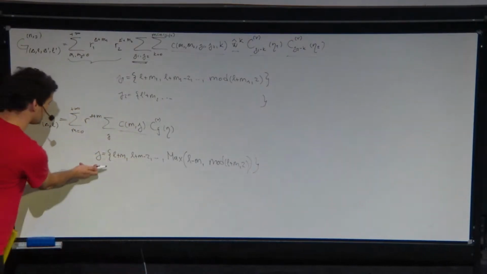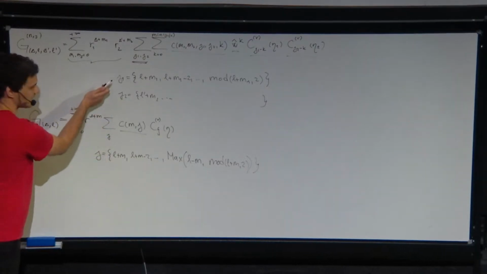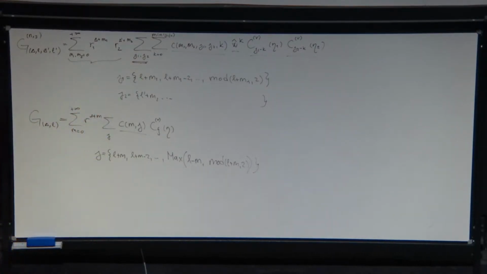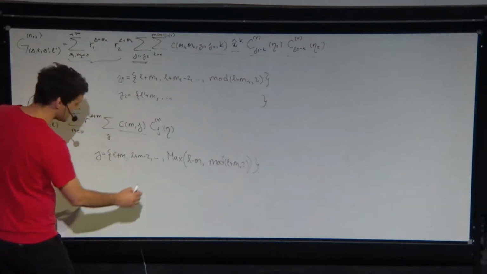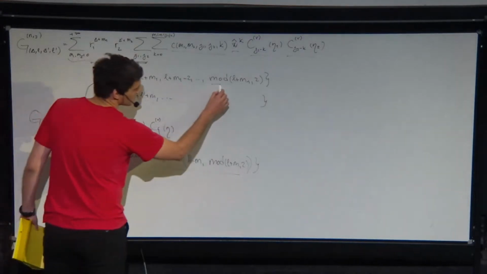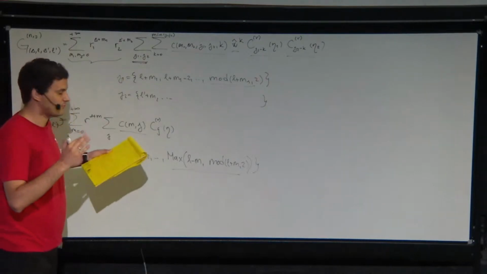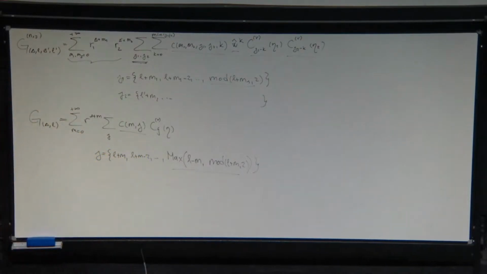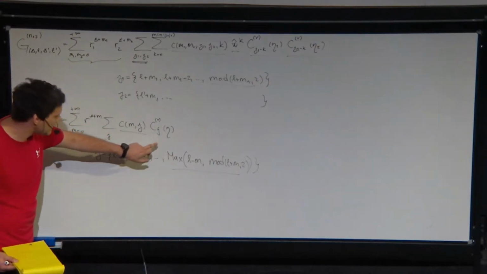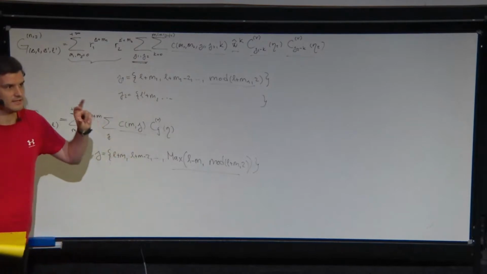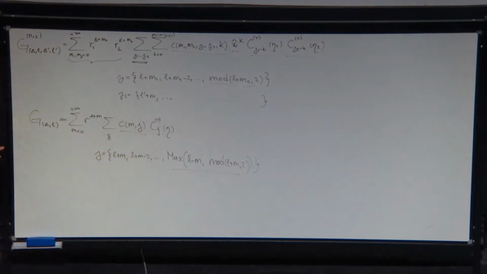But now, if you look at the range of J's here and the range of J's here, you're going to notice that there is a small difference, and that difference is in the lower bound for these sums. J's in this case can be interpreted as the contribution of a descendant of a primary operator with conformal dimension delta and spin L, and then you have a descendant of order M and spin J, and so this contribution is literally the contribution due to that descendant.